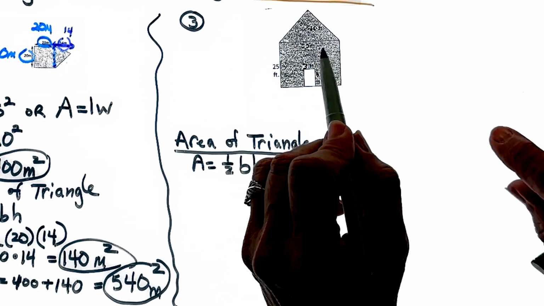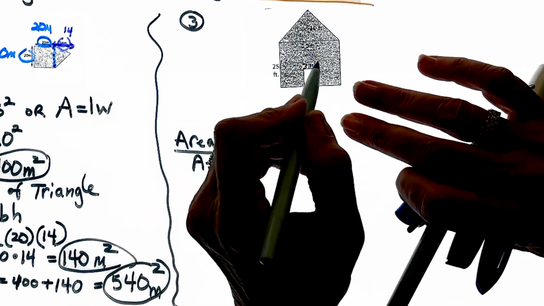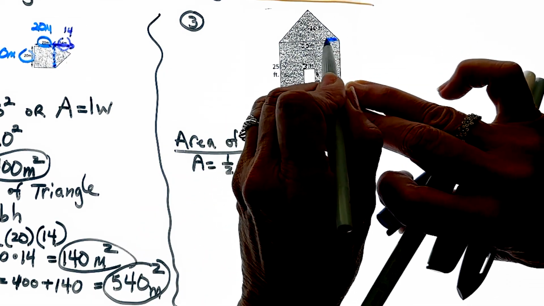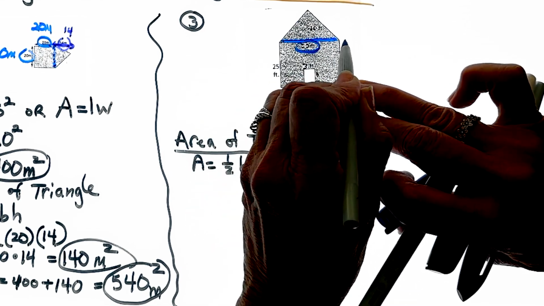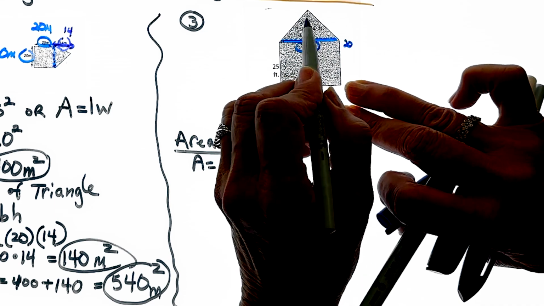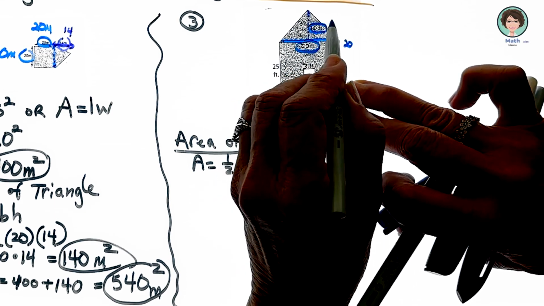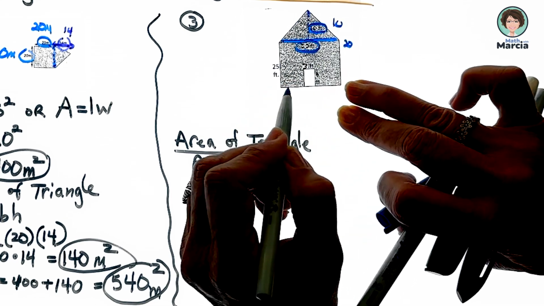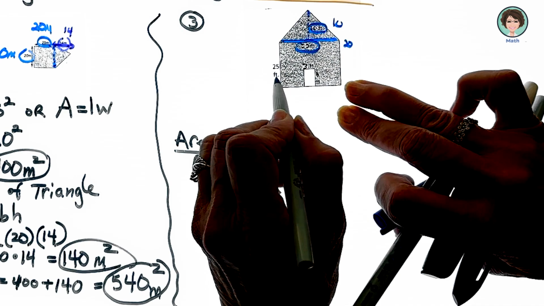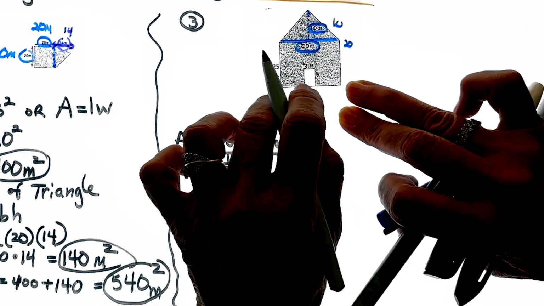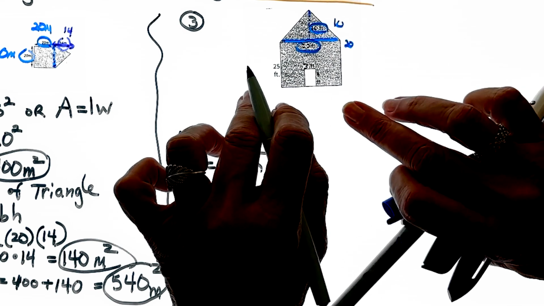Well, looking at it, and let's make sure that you can actually see these numbers, here is my base, and it is 20 right there. And I'm going to put 20 on the side. And here is the height of this triangle. It's right there, and it's a 10. When we are looking at the rectangle later on, you can see that 25, and we'll talk about the door when we're there.